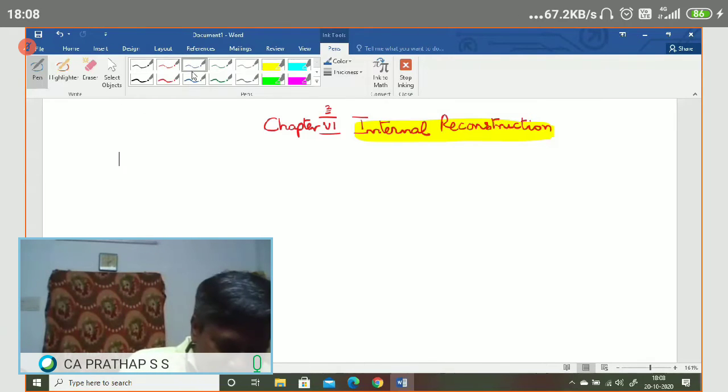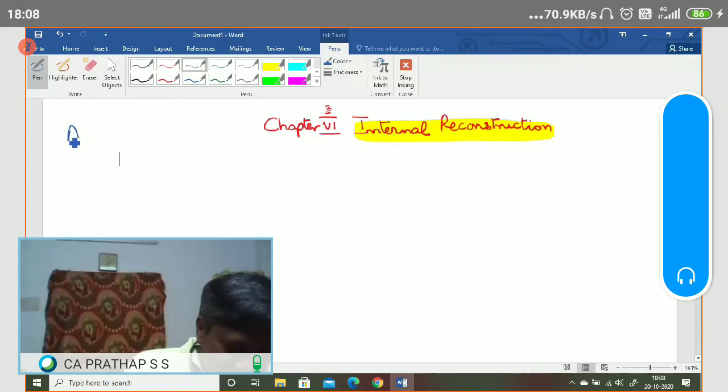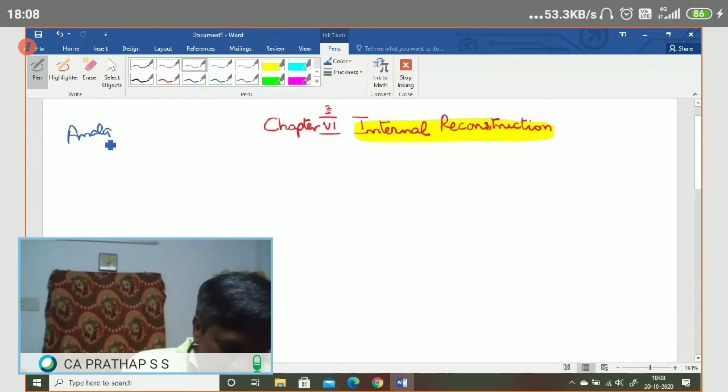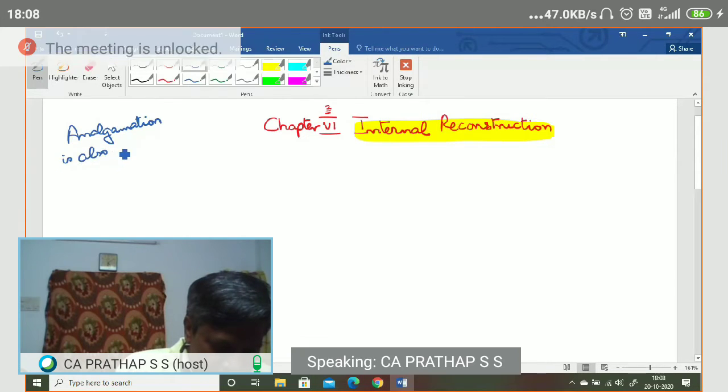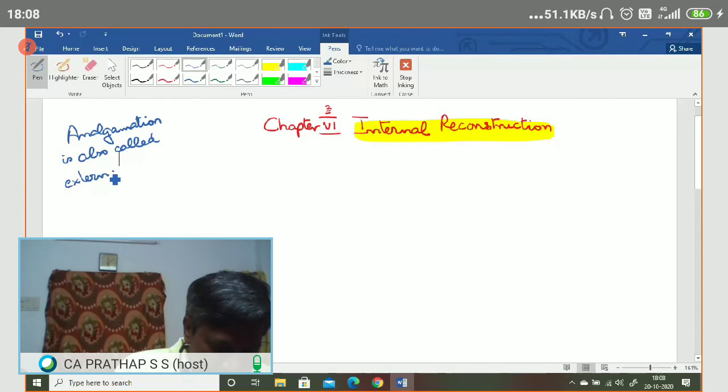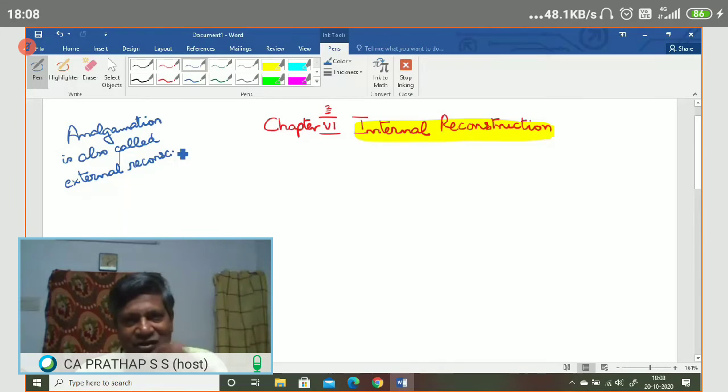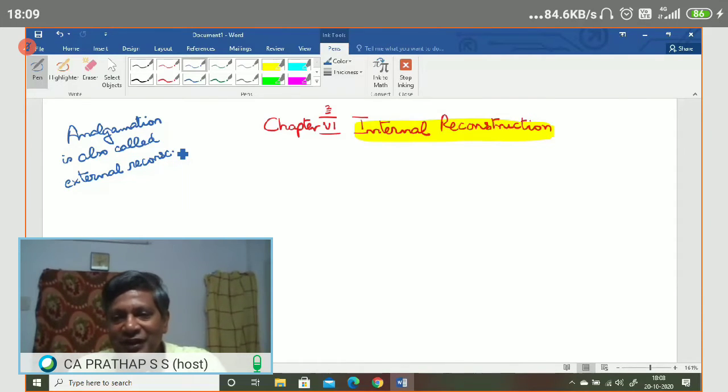So amalgamation is also called external reconstruction because some other company is involved. Here, internal means only within our own company. Everything is within our own company, whatever is happening.